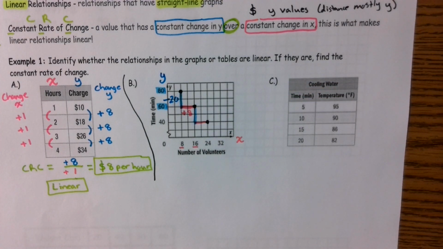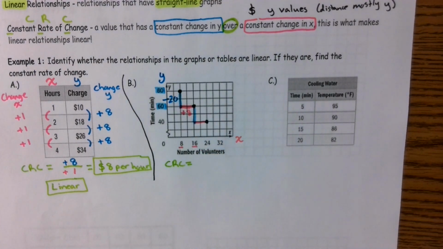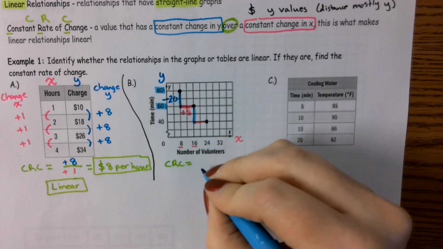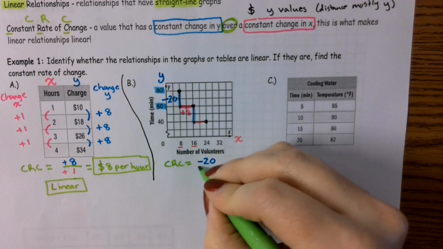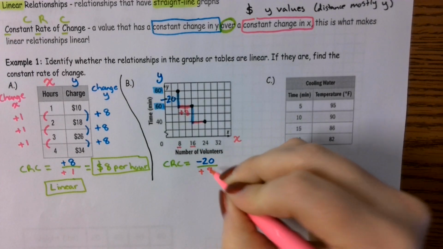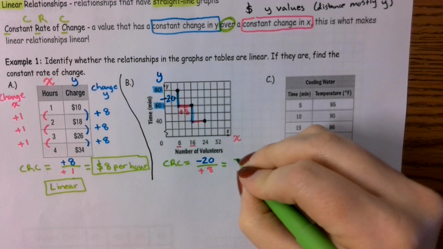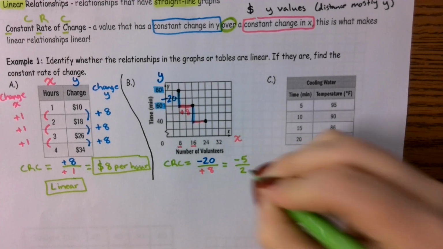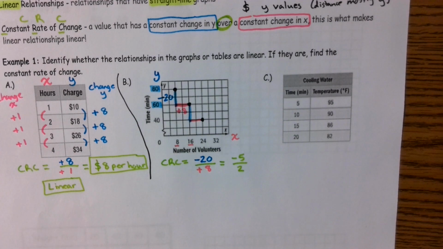So that means our constant rate of change is going to be a negative 20 for the change of our y over a positive 8 for the change of our x. So when that gets simplified, that simplifies to a negative 5 over 2. Okay, this means that you are going to decrease 5 minutes for every 2 volunteers.